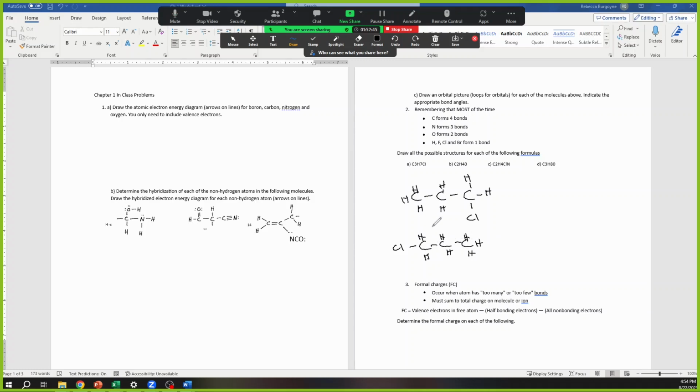Now, what this comes down to is actually, if I took this molecule and flipped it around, it would be the exact same thing. Because this molecule is really pretty much the same everywhere, having it be attached to the first one or the third one is the same molecule. So that's only one.